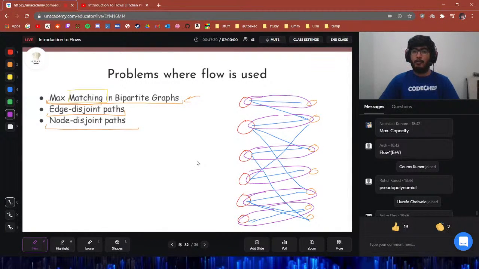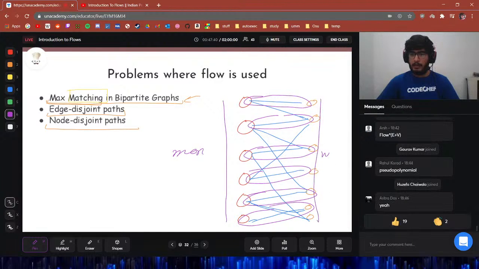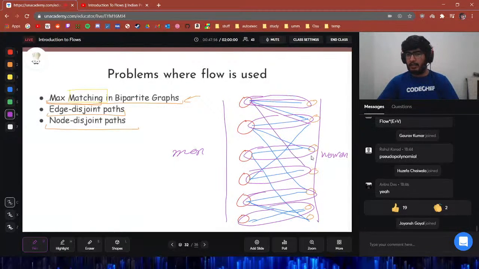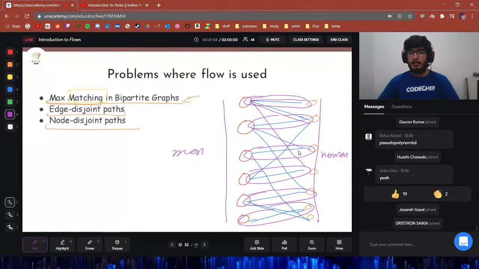If you want to think of this as a problem statement, imagine the first set of nodes to be some men. This is also a famous problem. And this to be some women, and these edges basically mean that this man likes this girl. And this man also likes this girl, and likes this one, but does not like this one because there is no edge from here to here. Similarly from the woman's side as well, and this is bidirectional.